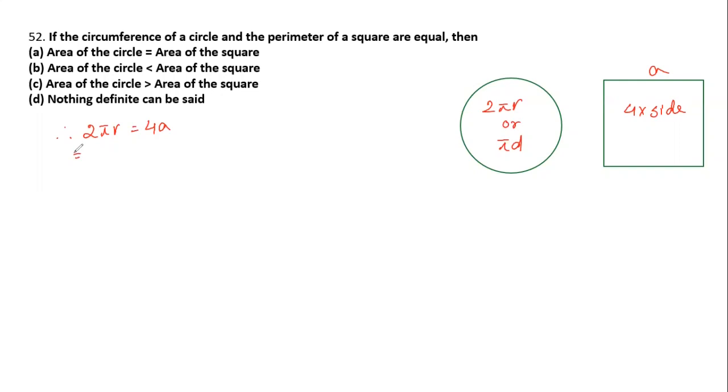Circumference is given, yes, 2 pi r is equal to 4a. 22 upon 7 multiplied by 2 multiplied by r is equal to 4a. Now we can cancel 2 and 4. So 22 upon 7 r is equal to 2a.